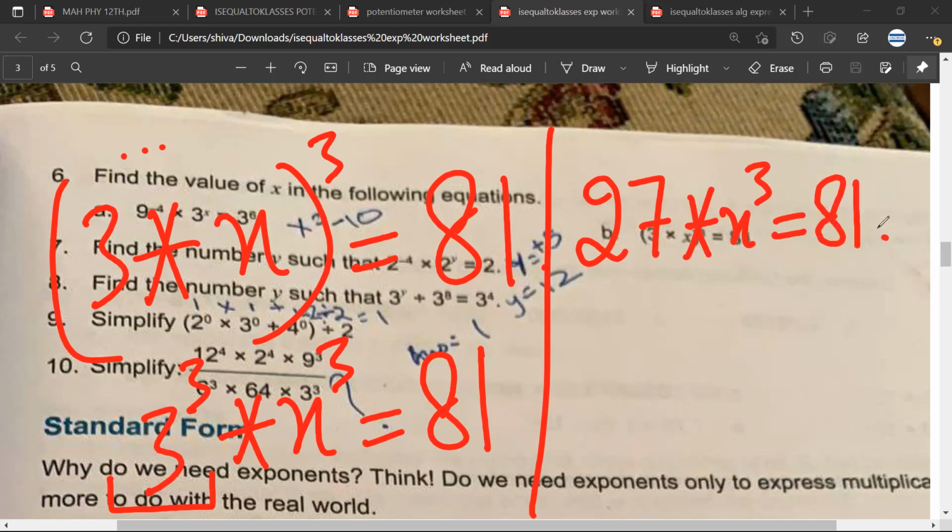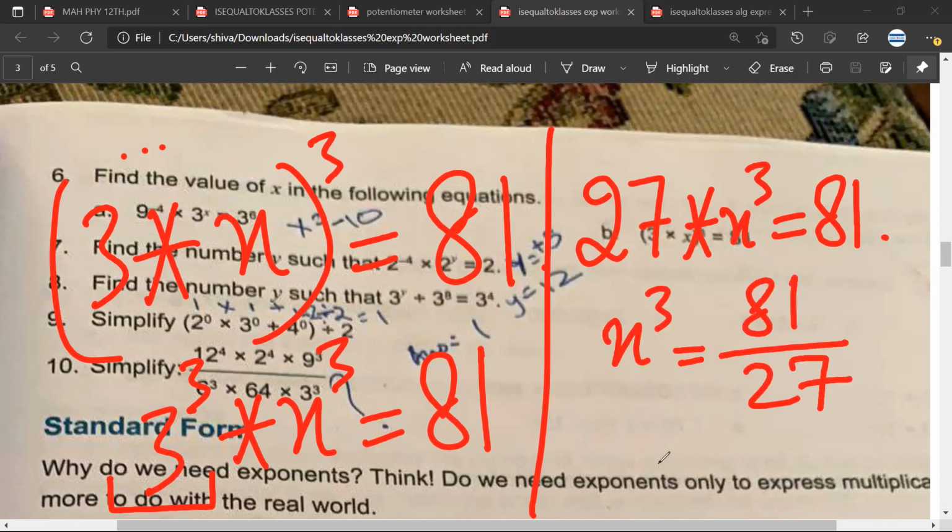Mr. Sarthak, do we agree? Yeah. What can be the next step? So we can find the prime factors of 81. Can we write this as 81 by 27? Do we agree to this? Yes, sir. Can I write this as 81 divided by 27 is 3?